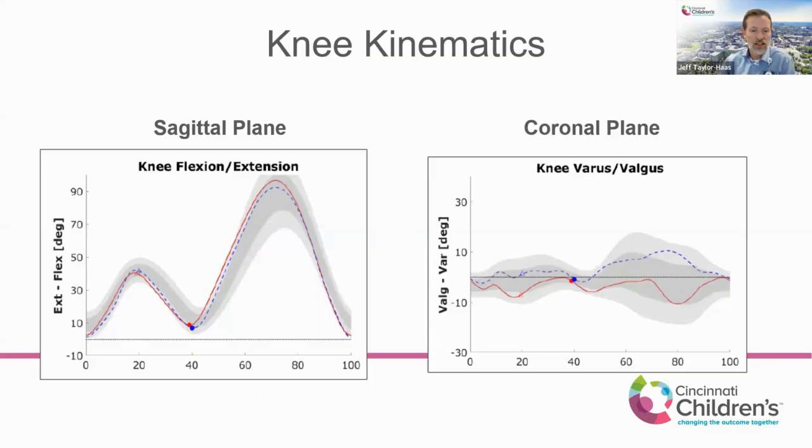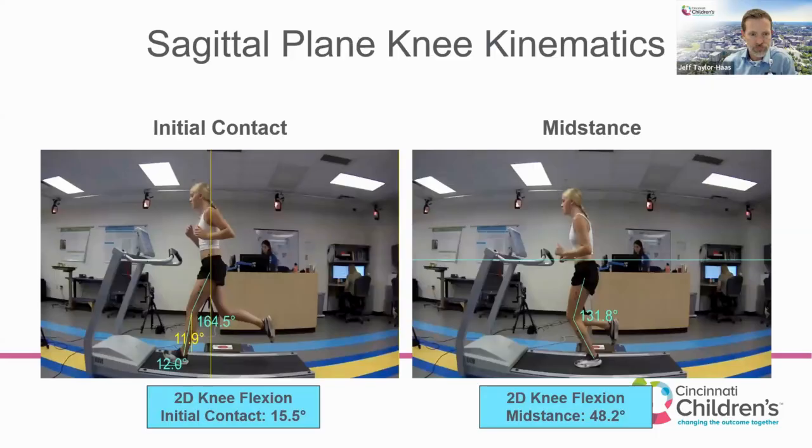As the runner is reaching the leg forward towards initial contact, the knee will extend again. On your right, looking at the coronal plane, we can look at knee varus versus knee valgus, and we'll show you a couple pictures of that to drive home those kinematics.